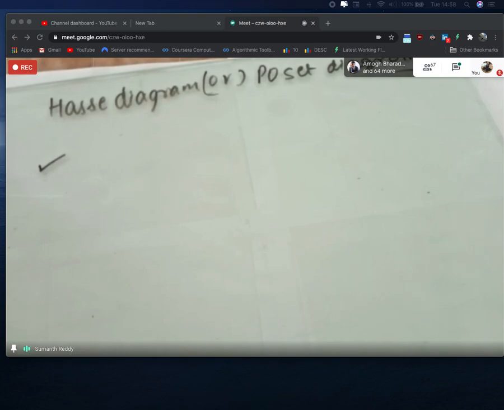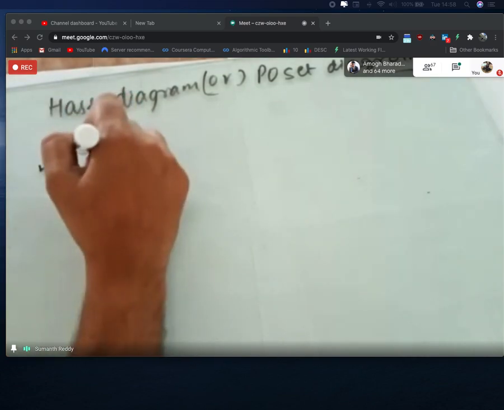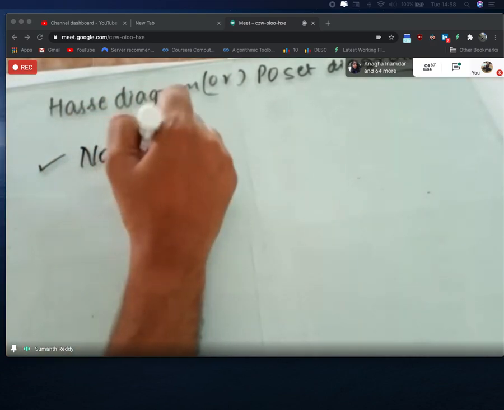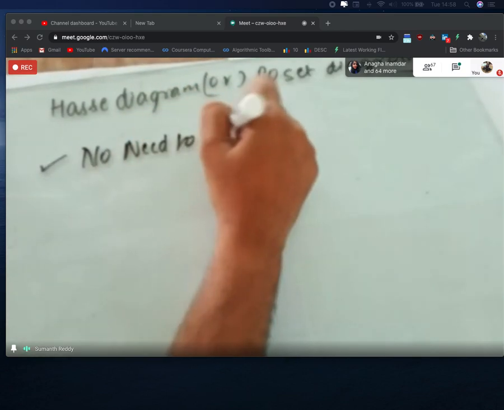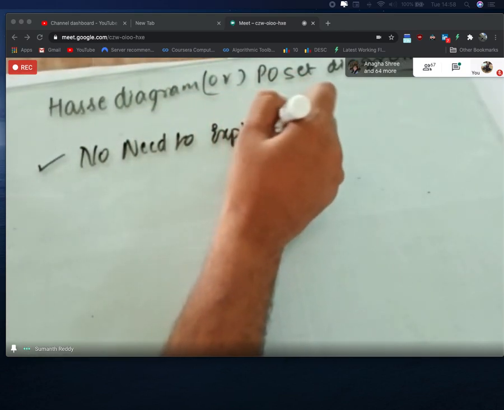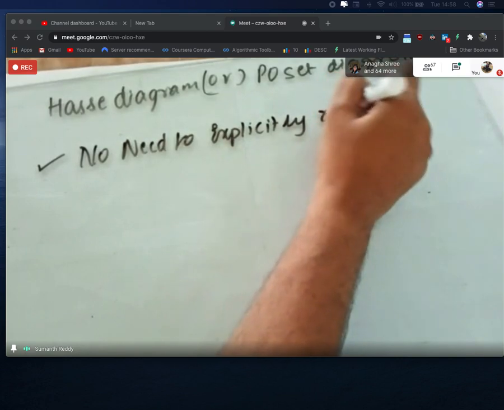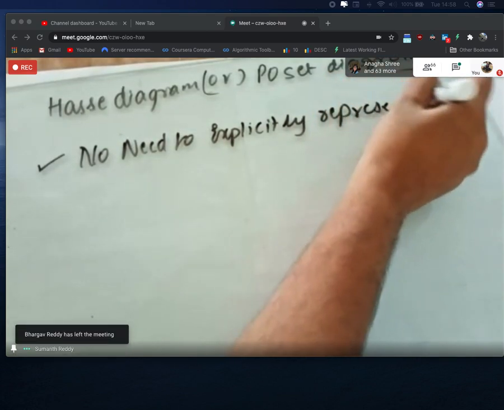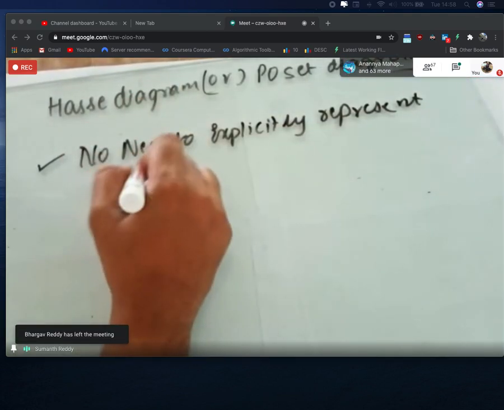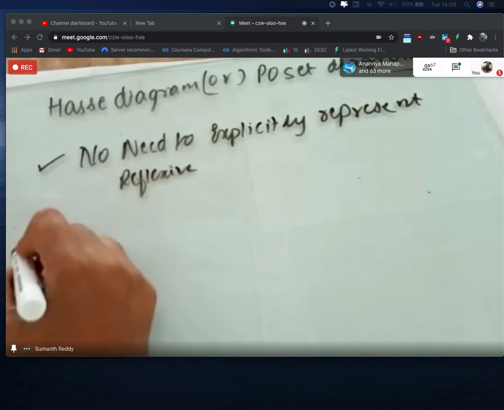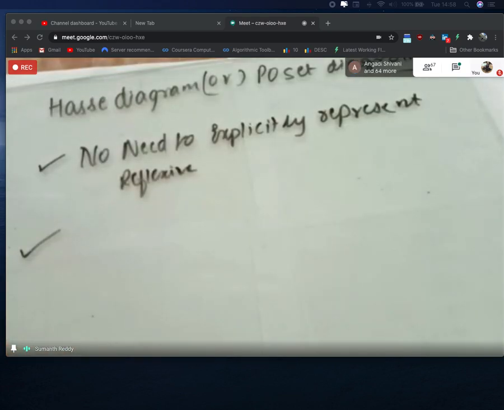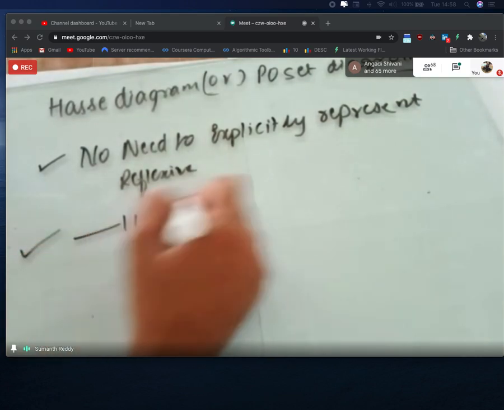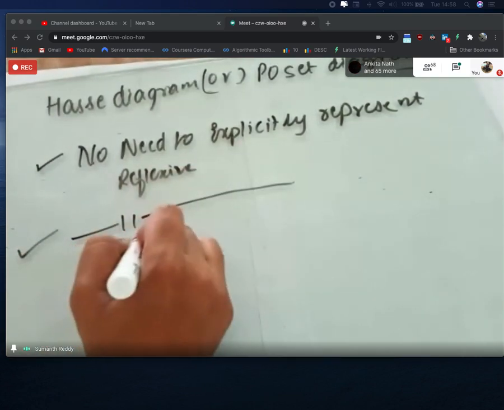Since we already know it is reflexive, there is no need to explicitly represent the reflexive relation. Similarly, we know that a partial order is transitive, so we need not explicitly represent even the transitive relations.